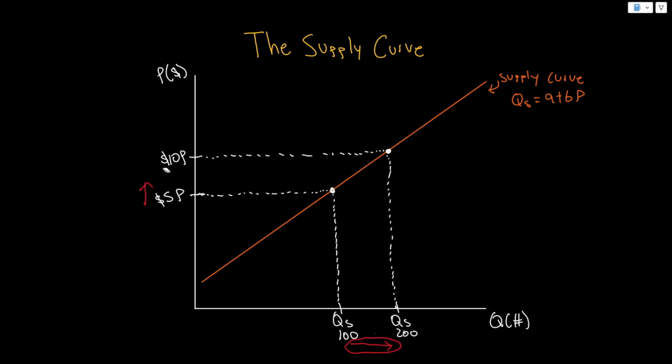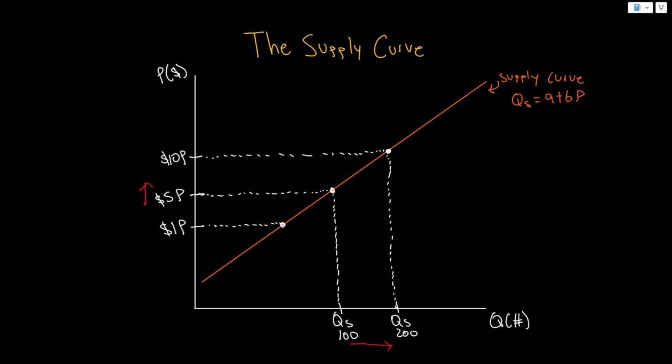Let me just delete these. And so we could do the opposite. If prices decrease, then the quantity of supply decreases. So let's take a point right here, say price will be $1 right there.